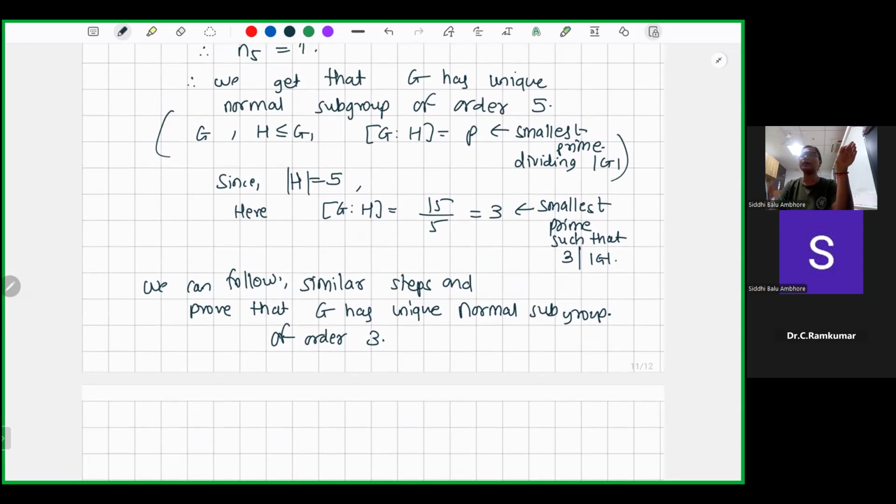You can prove that it will be a normal subgroup in G.